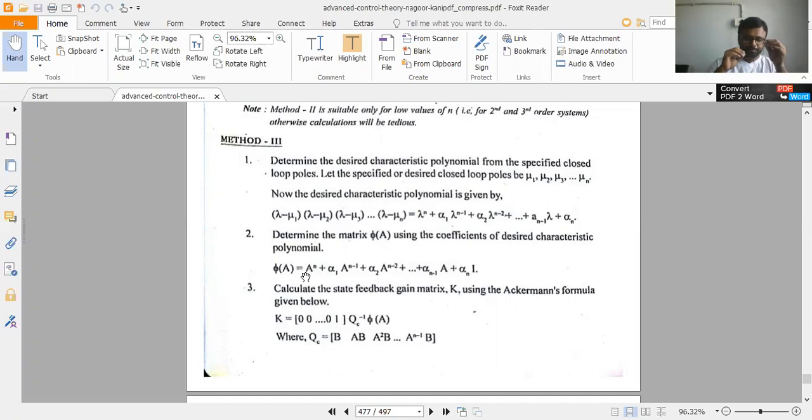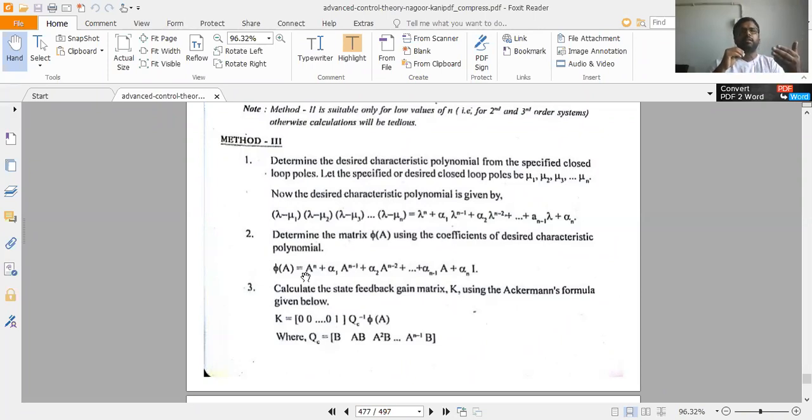In some of the previous university question papers that I have observed, he asked us to determine the state feedback gain matrix capital K using Ackermann's formula and compare the result with the other method.